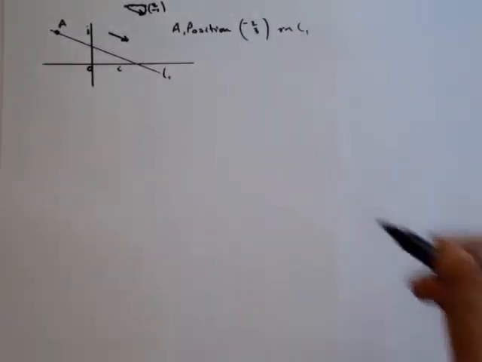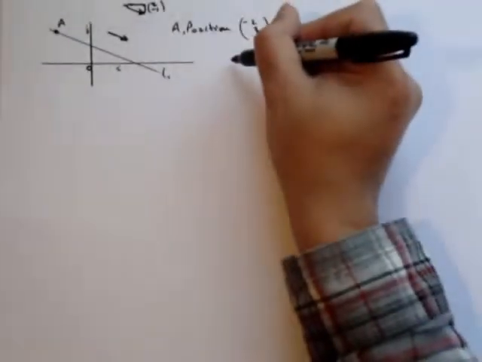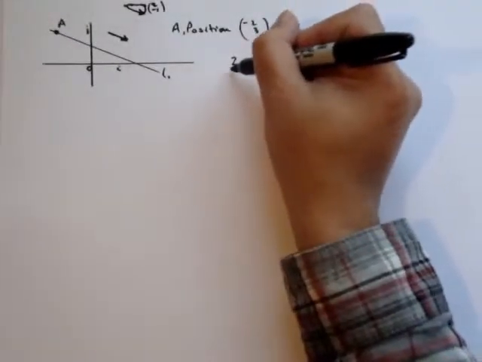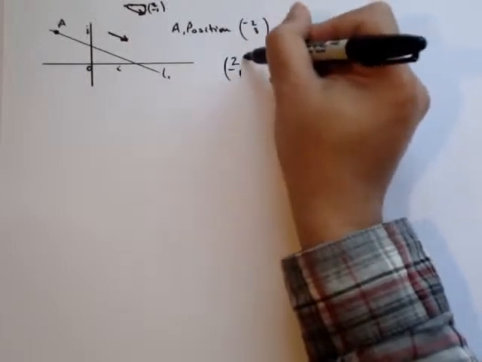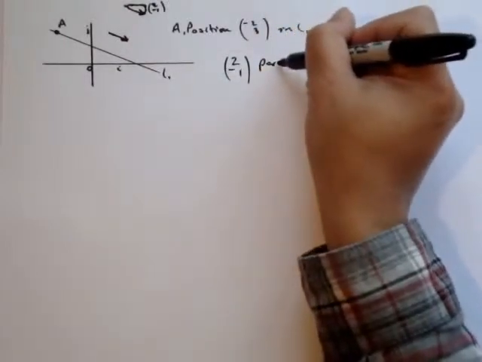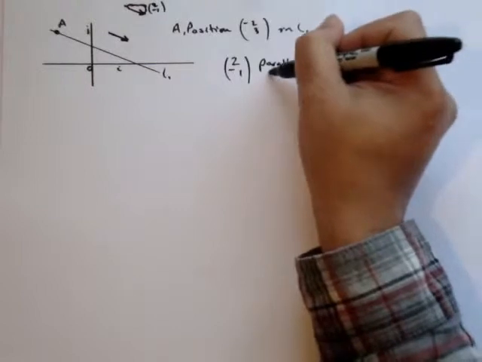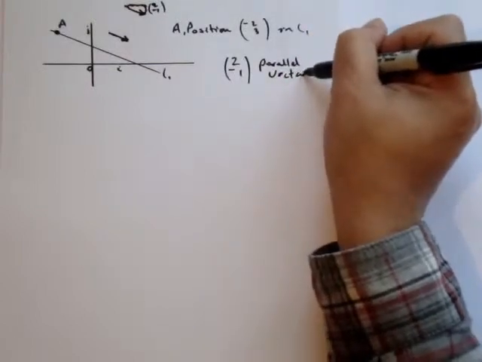So we take a parallel vector (2, -1) to L1.